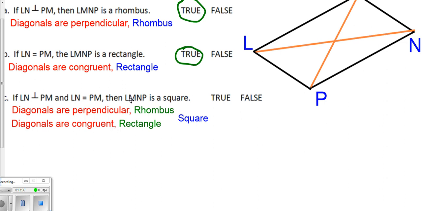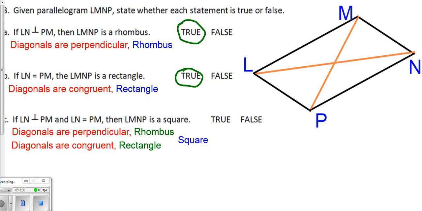It says then LMNP is a square. Again, that would also be true, because of this information, that tells us rhombus, that tells us rectangle. Those two together, a rhombus and a rectangle, means it has to be a square. And that'll be the end of our 5th video.